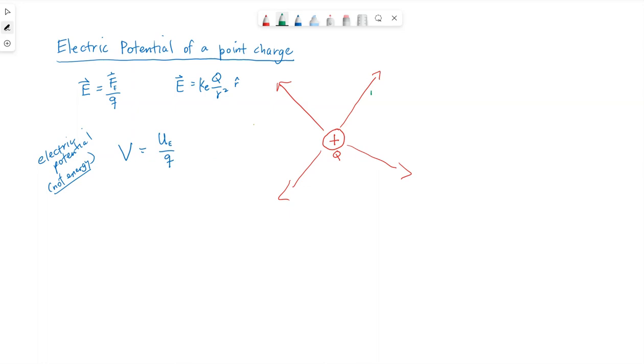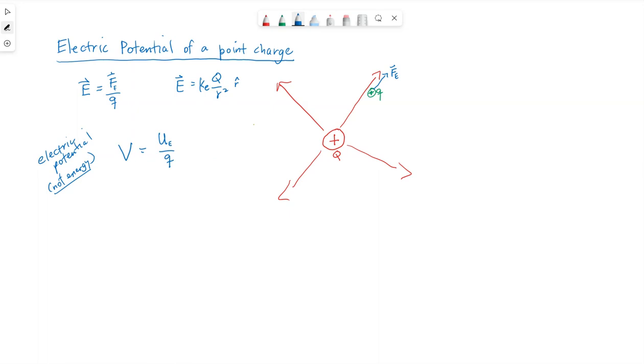A small charge, q, would totally feel a force in the direction of the electric field if it was placed in this region. Now, I've only drawn 4 electric field lines, but keep in mind there's a whole lot of them.